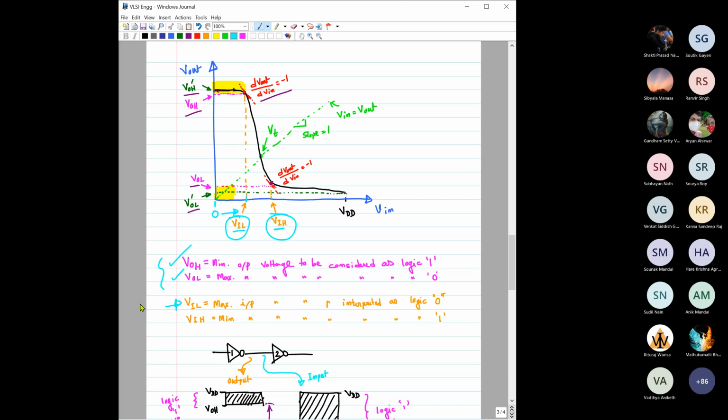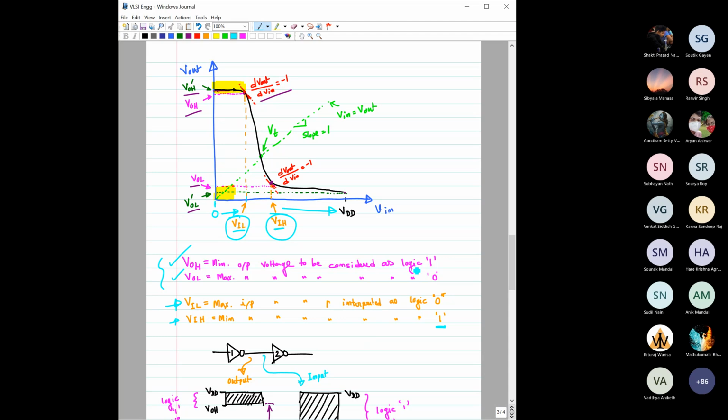VIH is the minimum voltage on the input side which can be interpreted as logic 1. So any voltage from VIH till VDD can be considered as logic 1, right?